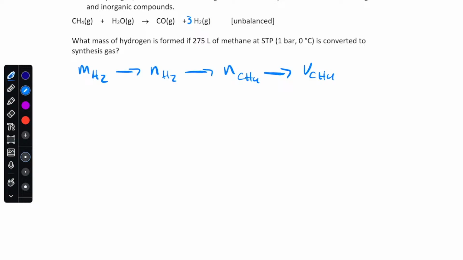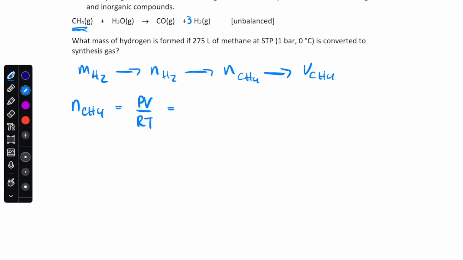And then we use our stoichiometry to get moles of hydrogen, which we can convert to mass of hydrogen. All right, so let's start out. We wanted to find out the moles of CH4 that we started with. That's going to be PV over RT. So that's just a rearrangement of PV equals nRT.